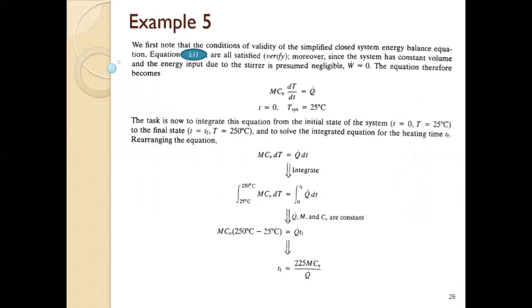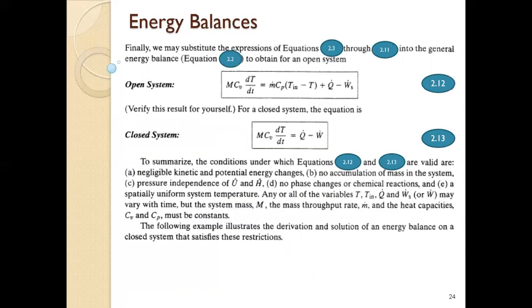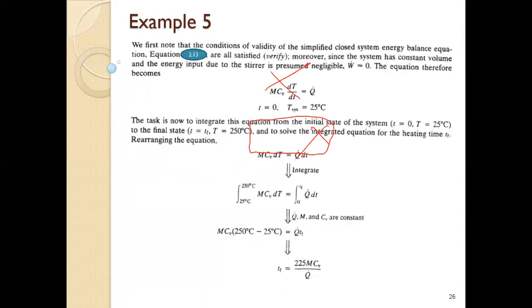For this, we can solve, there is no work and no chemical reaction. For a closed system, no flow in, no flow out, and no work, we get m Cv dT/dt equal to Q. There is no reaction also.